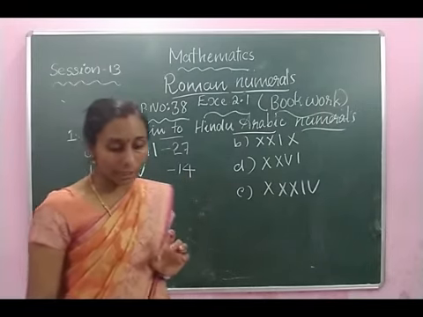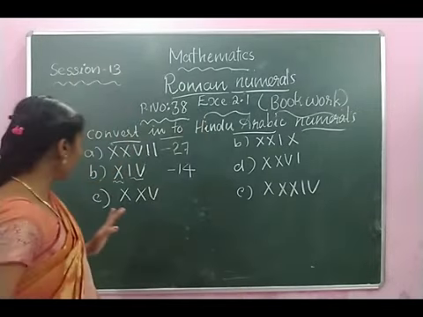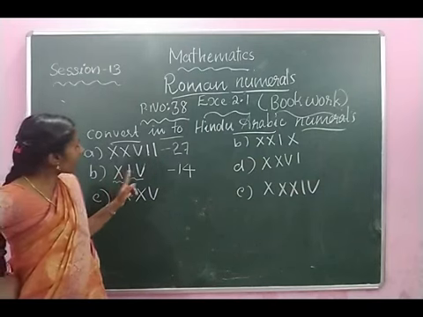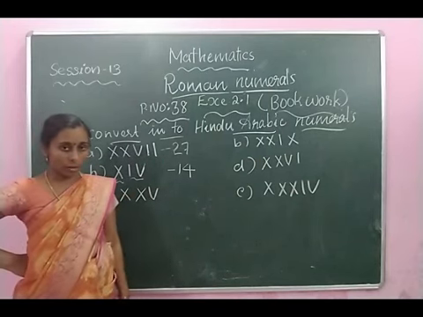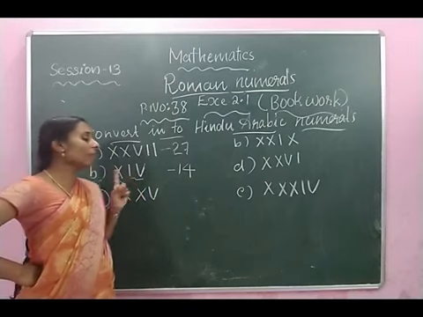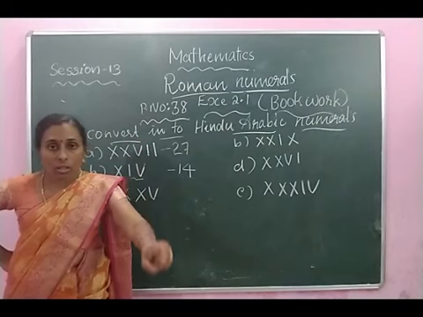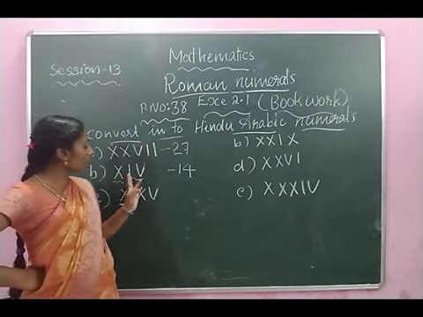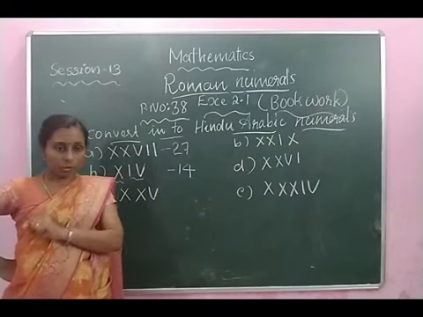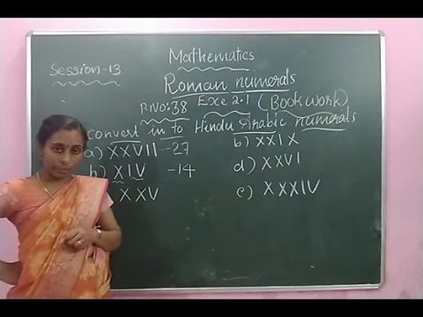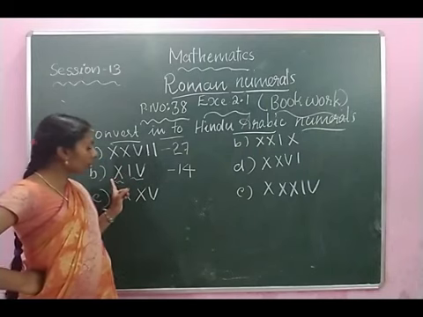How did you get this 14? Here, I comes between two greater values. So the smaller value we have to subtract from the next greater value. Then the number that comes after that, we have to add it.